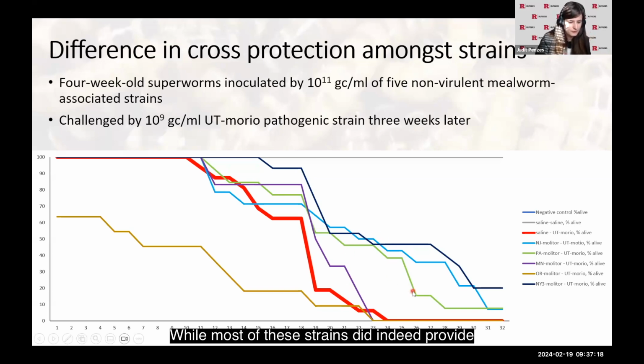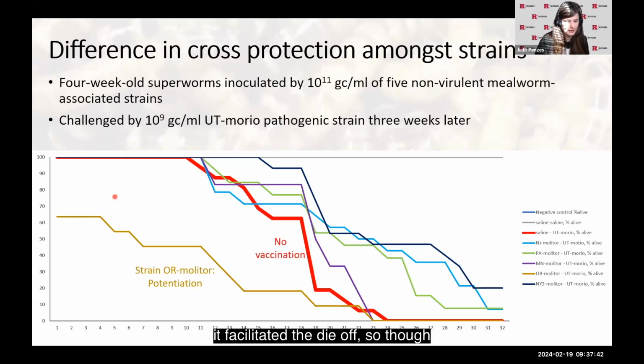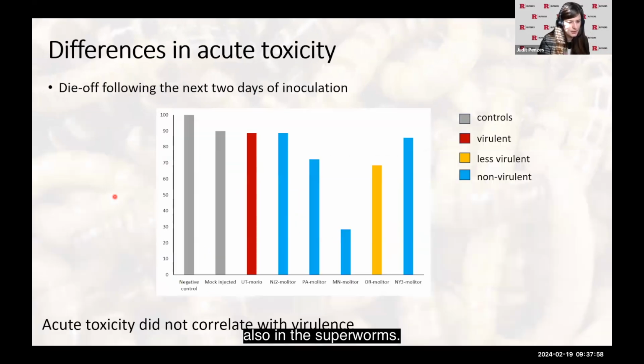While most of these strains did indeed provide cross protection compared to the single Utah strain inoculated one, there was one strain from Oregon that already caused about 35% mortality in the single inoculation phase, and then after this it facilitated the die-off. So though many of these non-pathogenic strains in mealworms do result in cross-protection, there are some strains that are even mildly virulent also in the superworms.